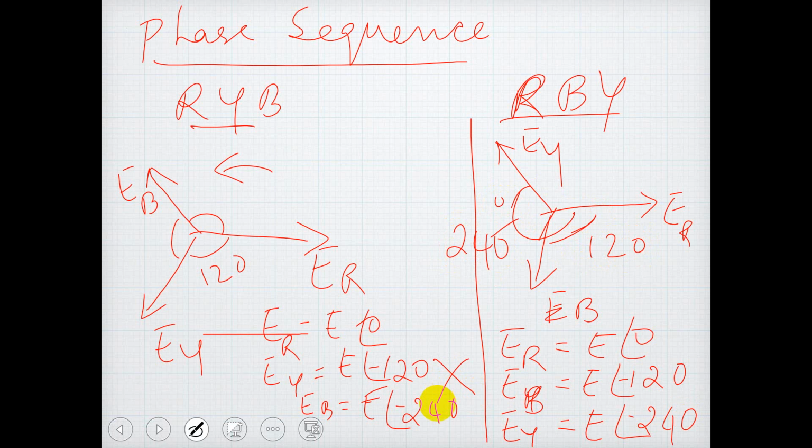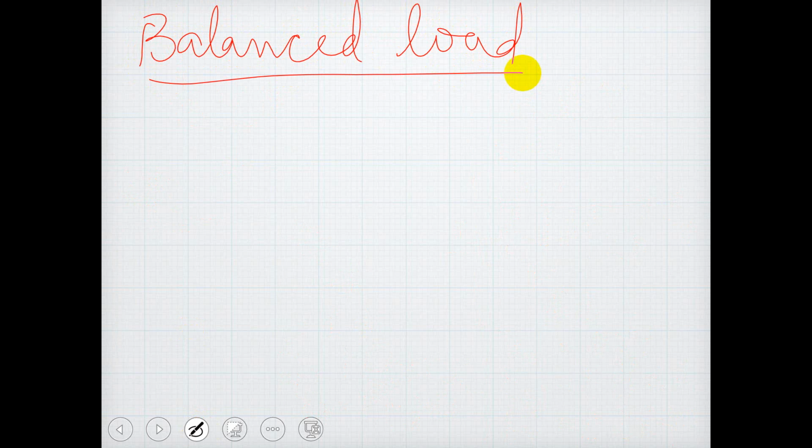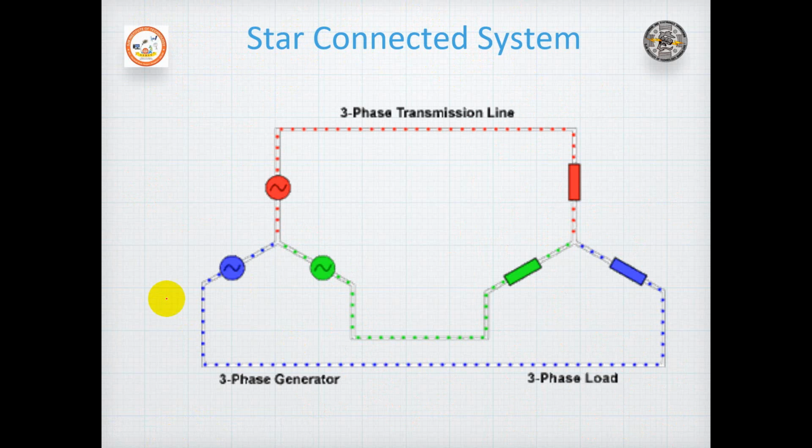Now, before proceeding with star and delta again, let us come up with another topic: what is a balanced load? If you have a three-phase supply, if this is the three-phase generator giving out voltages, it has to be given to the load.